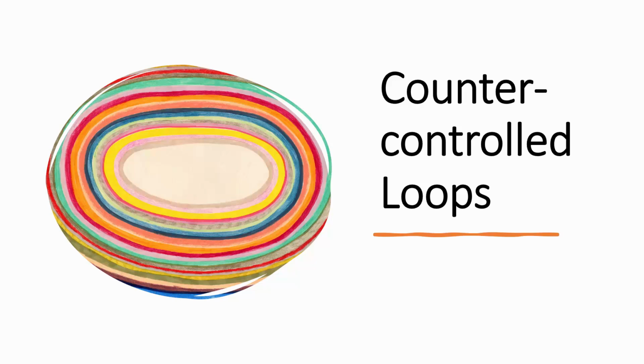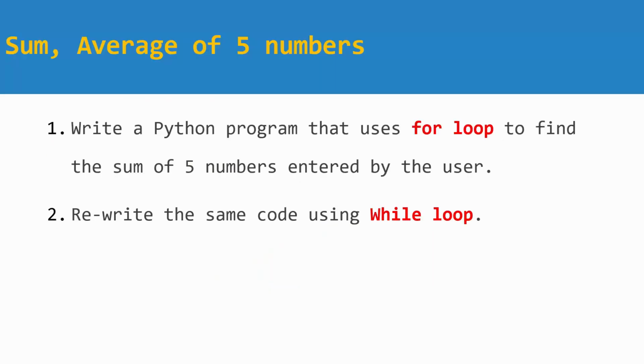Let us see the first example. Our first example is going to be sum and average of 5 numbers input by the user. So the question says, write a Python program that uses for loop to find the sum of 5 numbers entered by the user.